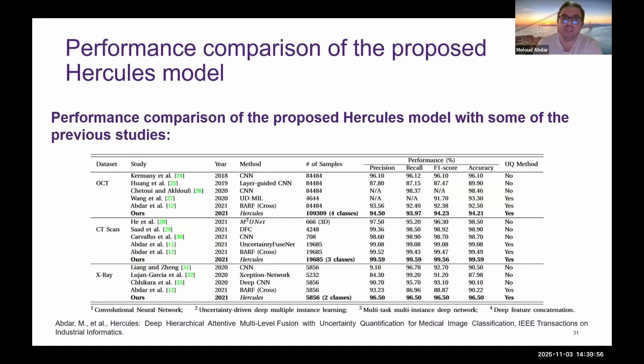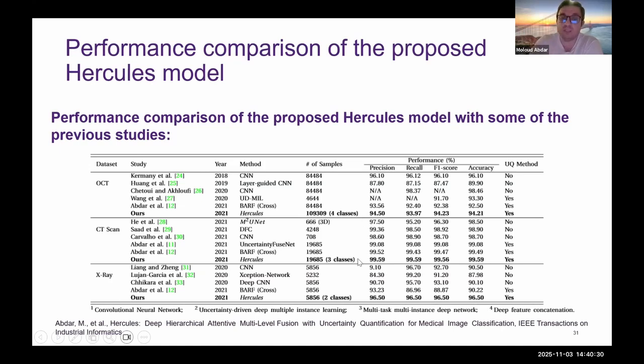As you can see, we compared the performance with the state-of-the-art models and some of the existing ones, as the reviewers again asked us to compare with some studies. For example, for OCT, some studies had much smaller image inputs. You see that the samples are very small, but we still compared, and we highlighted the performance.